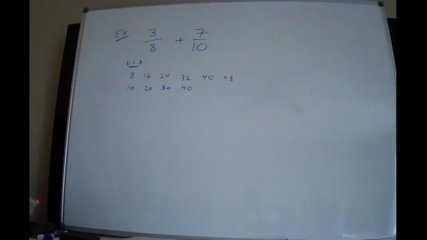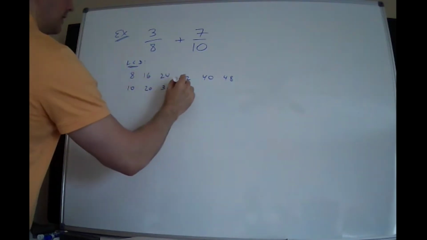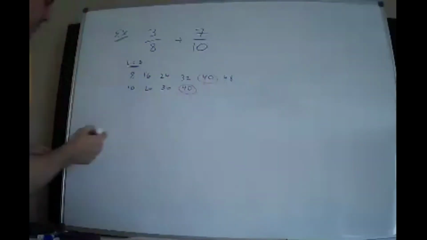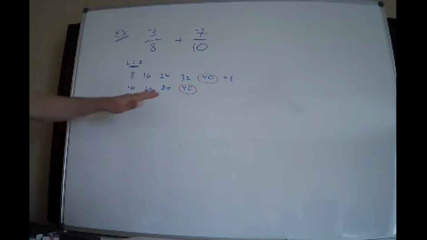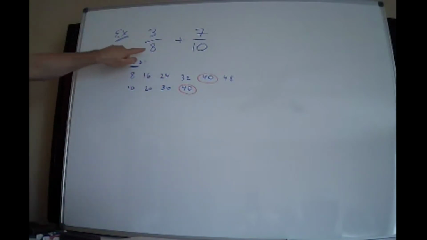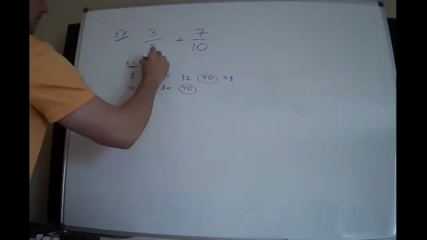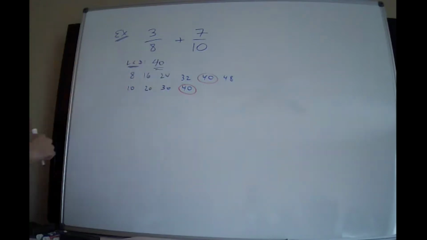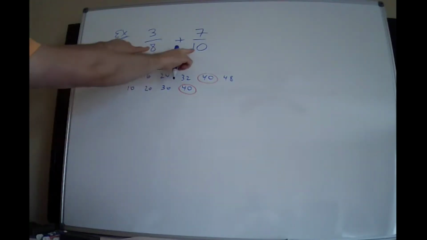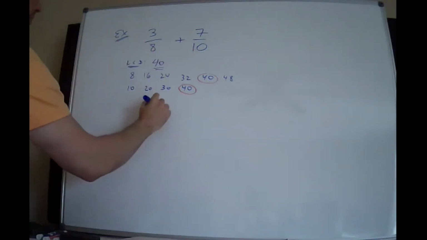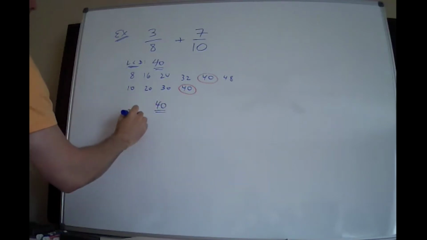Now I know some people say, you just do 8 times 10. 8 times 10 is 80, not 40. My least common multiple is 40. So I want this to be a 40, and I want this to be a 40. So this is going to be the bottom that you create. I need to make both those bottoms into 40. So I'm going to take my 40 and write it above them.